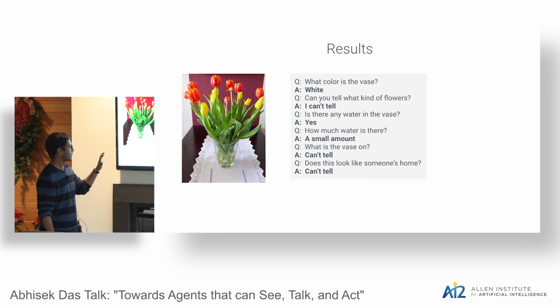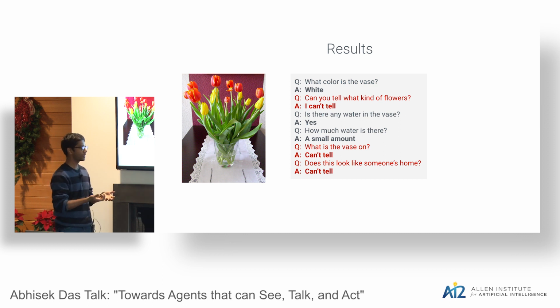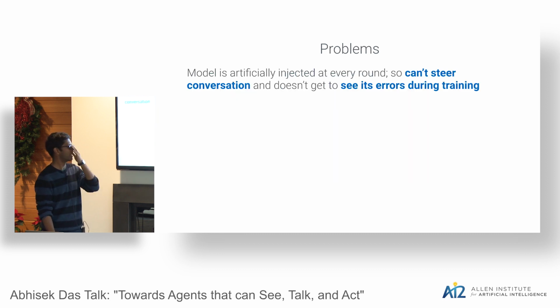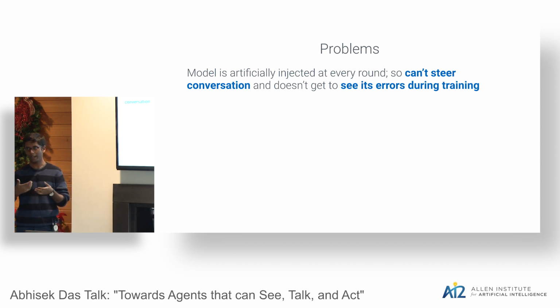So this is a popular failure mode that emerges when we train models in a supervised manner on this data set, that these models often spit out generic responses like "can't tell" for a whole bunch of questions. And what we believe is the reason why this is happening is that these models are basically artificially injected at a particular round.